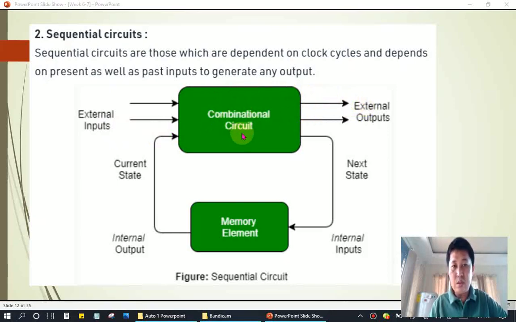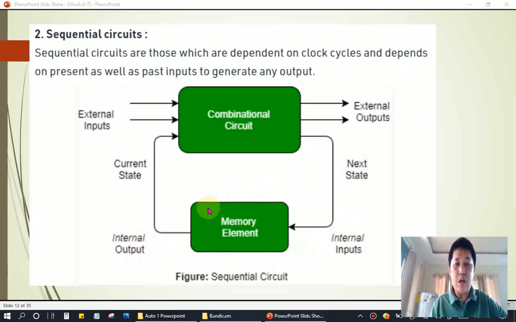This is still a combinational circuit, but since this system is a sequential circuit, it adds a memory element. So we have the current state and the next state, and we have the internal output and the internal input.